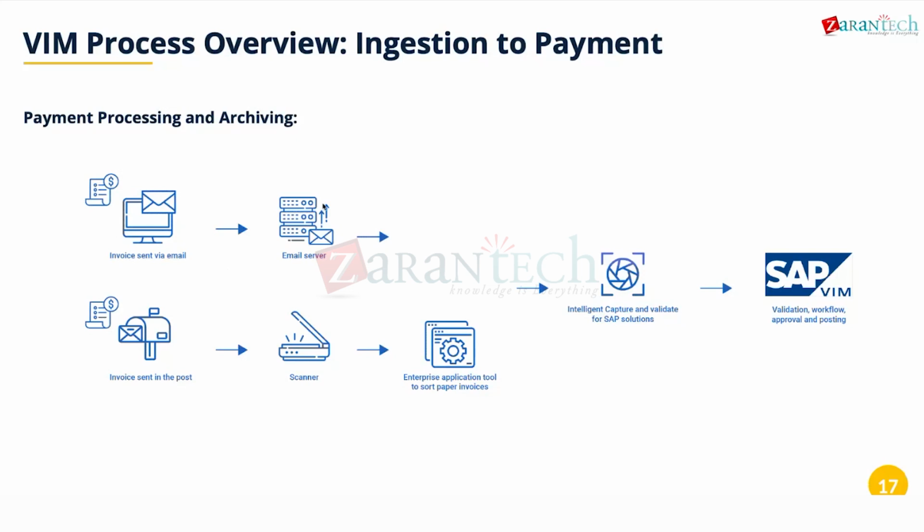Your SAP existing framework has some configurations which your basis team does to take the content from the Outlook server, and it will ingest the document into the VIM solution. So that's how the process works.